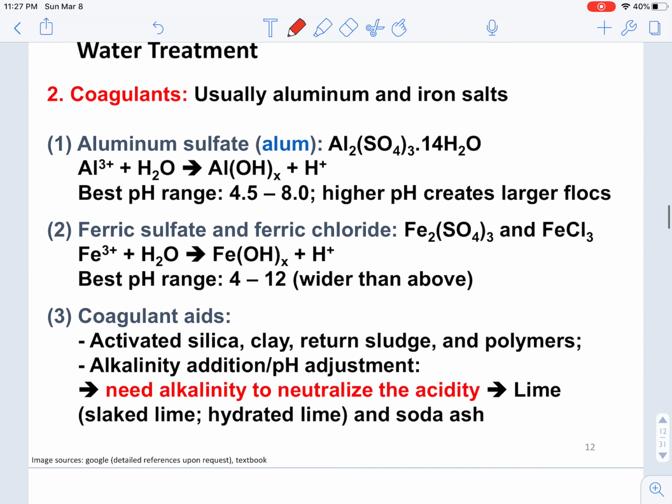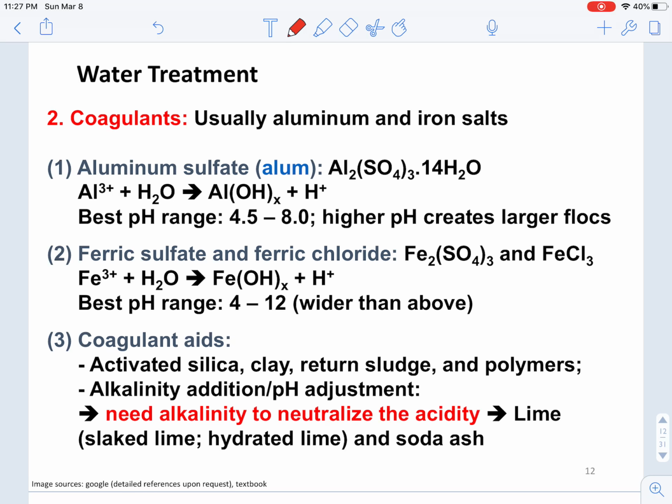Okay. So, as we can see, by introducing these coagulants into the water, we can remove the colloids. But what is really happening here? It has to go through some chemical reactions, right? For example, if we're introducing the aluminum sulfate into the water, which is also called alum, the aluminum sulfate can first dissolve these aluminum ions into the water, and because of the pH range, the aluminum ion is going to react with the water to form the aluminum hydroxide.